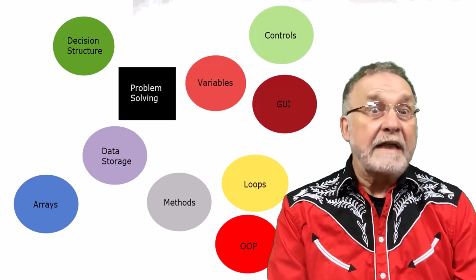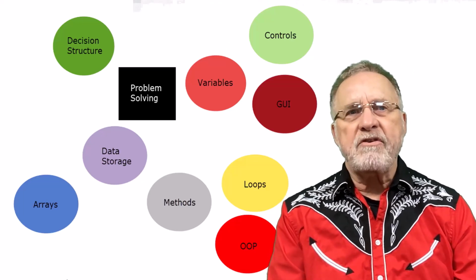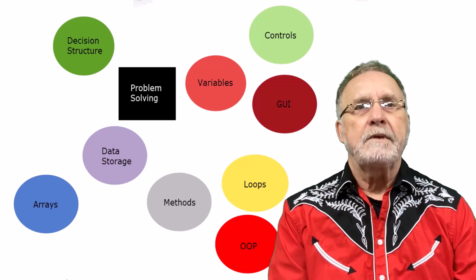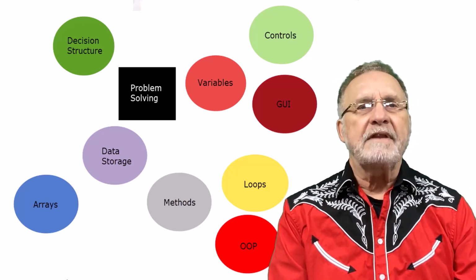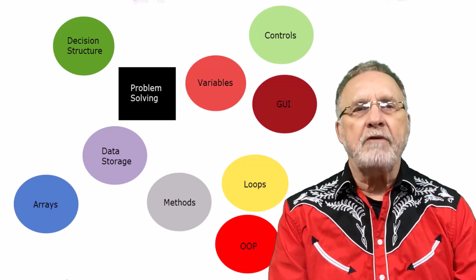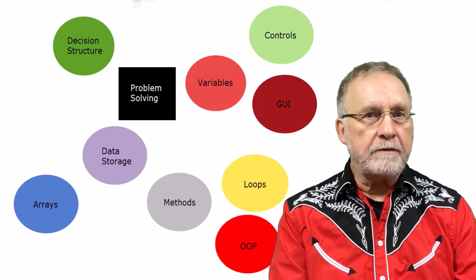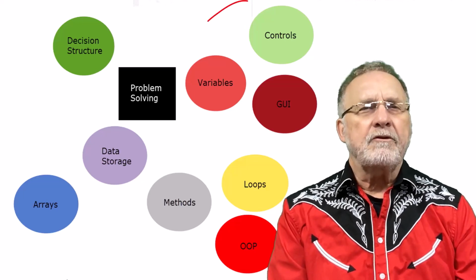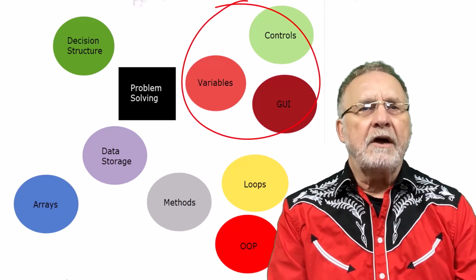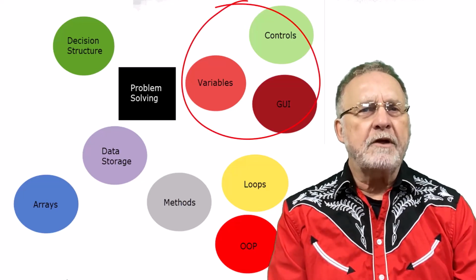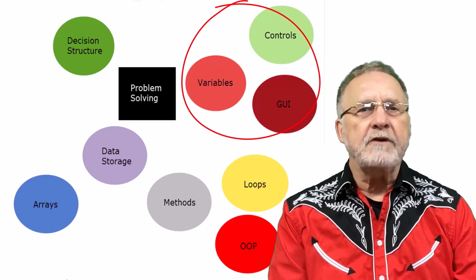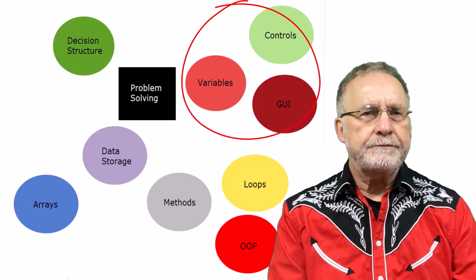We've learned all about labels, buttons, text boxes, and the list box, and so on. All those controls have allowed us to set up forms using a graphical user interface, the GUI. Controls, variables, and the GUI are things we've covered up to now, which pretty much form the groundwork or the foundation for everything that comes next.